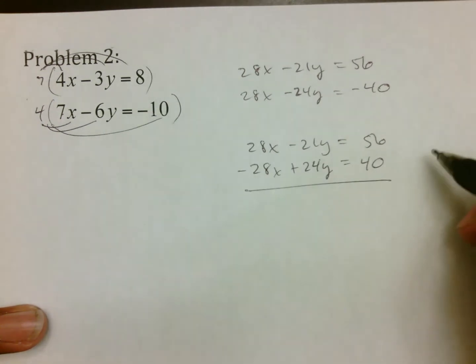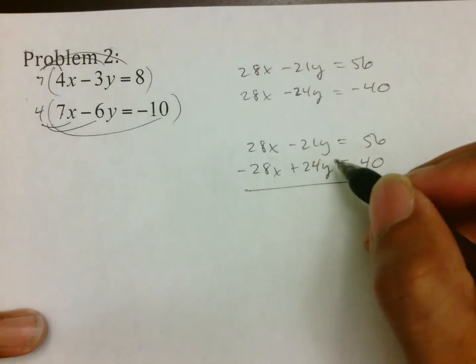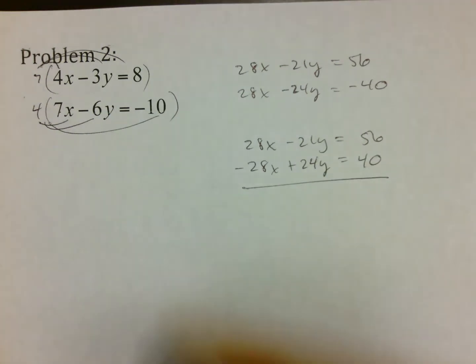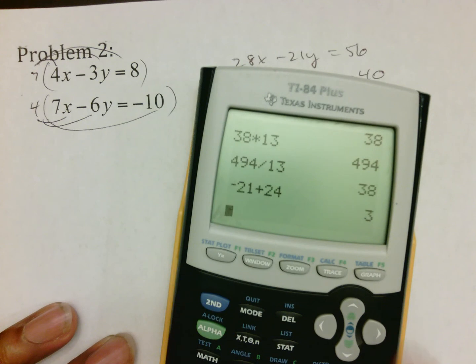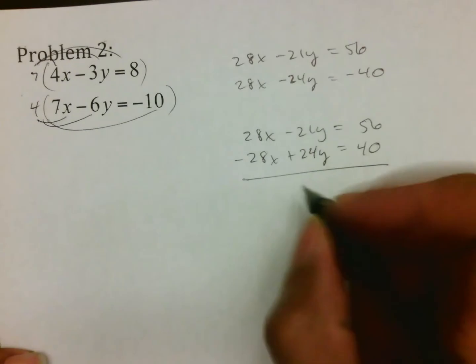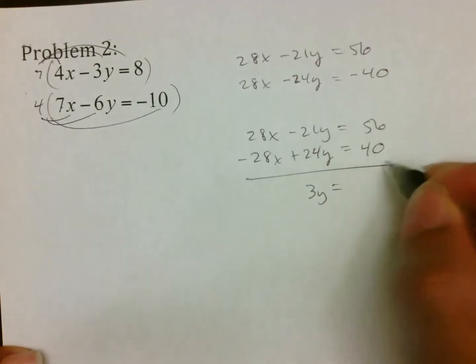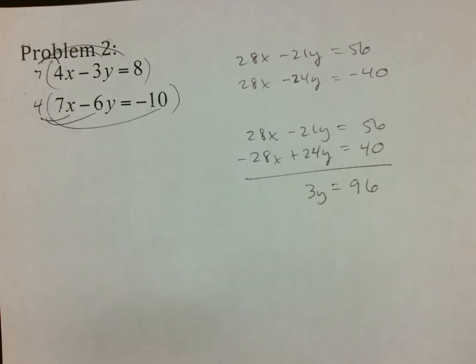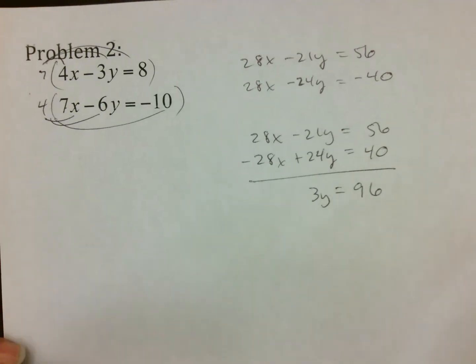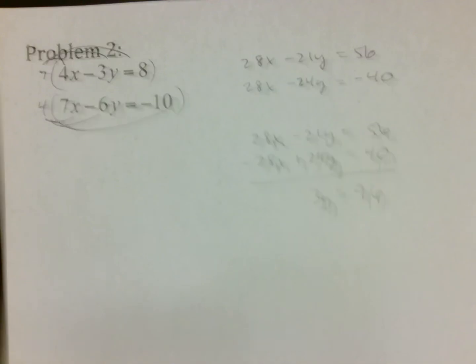The 28x's go away. Negative 21 plus 24, if you don't know what it is, like I said, just type it in as it is. Negative 21 plus 24 equals 3, so it'll be 3y equals, and 56 plus 40 is 96. That again is as far as you need to go on this video, because I think most of you, once you get that far, will be just fine.